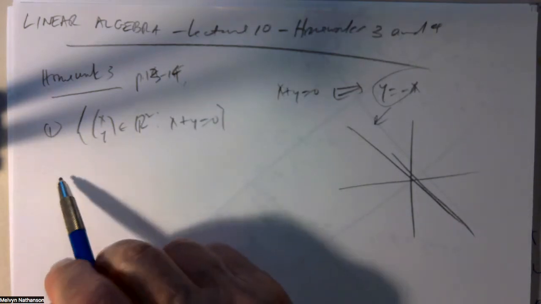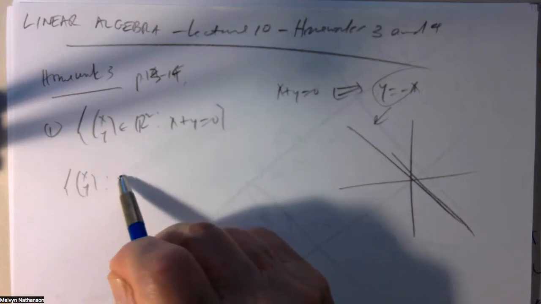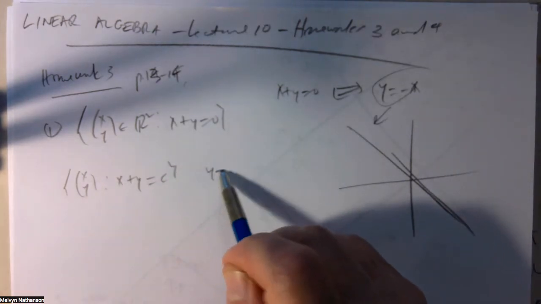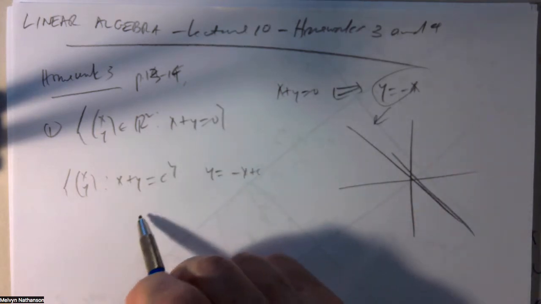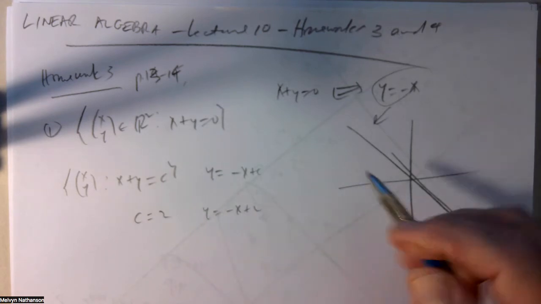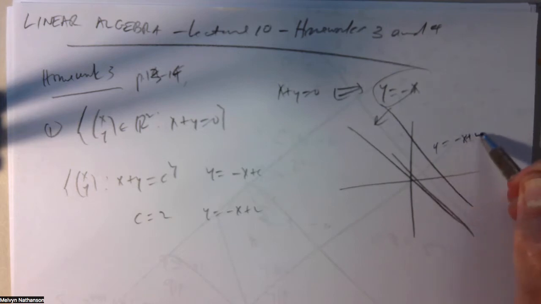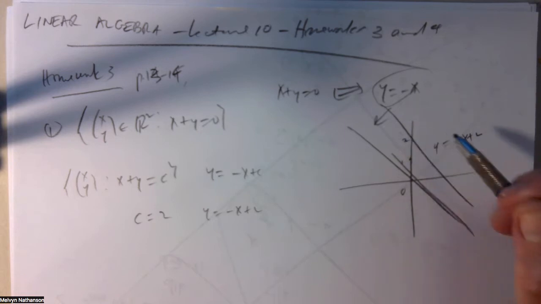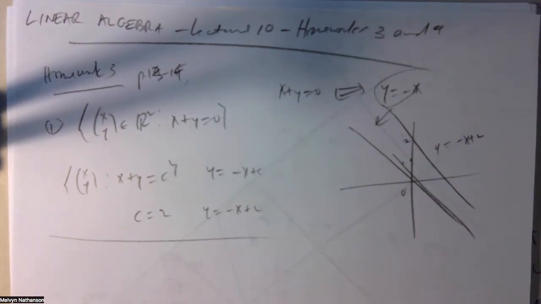And if you look at the set of all x, y, where x plus y equals c, then you're just saying y is equal to minus x plus c. So for example, if c is equal to 2, y is minus x plus 2. This is just the line with slope minus 1 and y-intercept 2, just like you learned in high school. Nothing more than that.